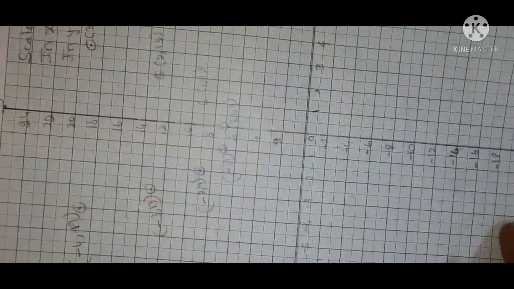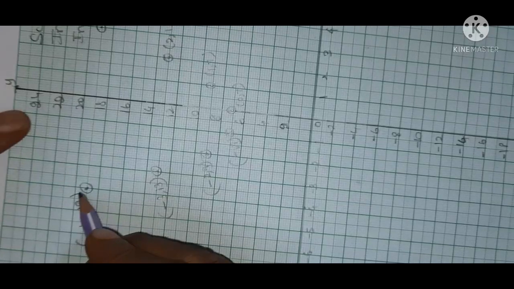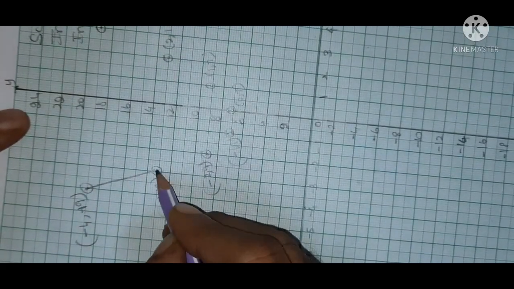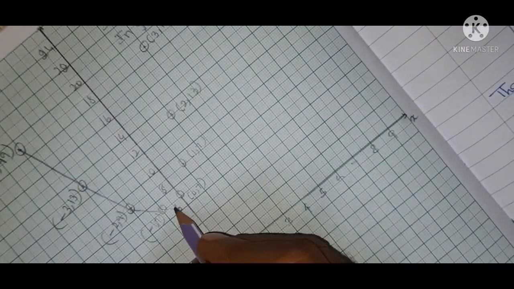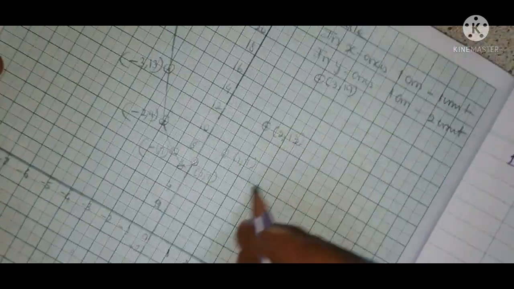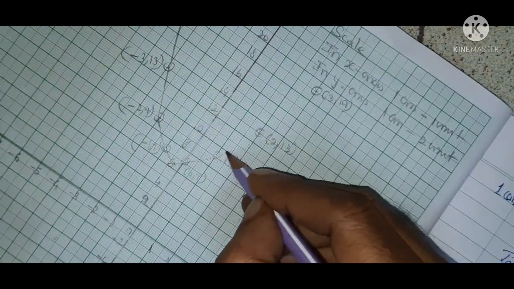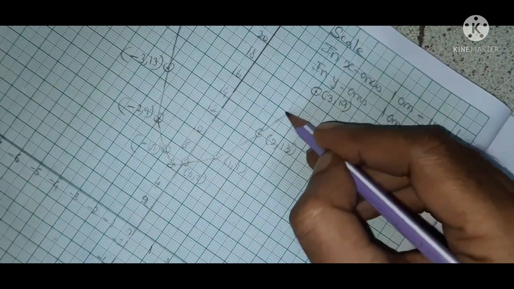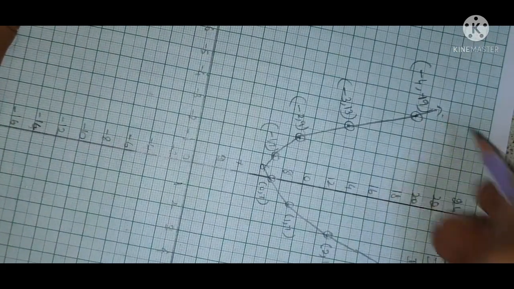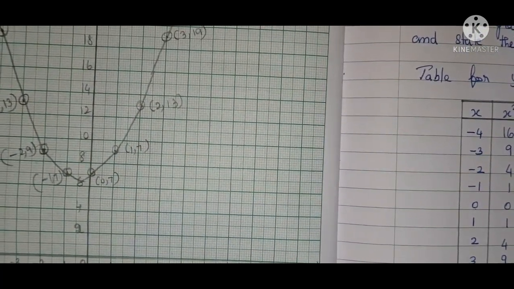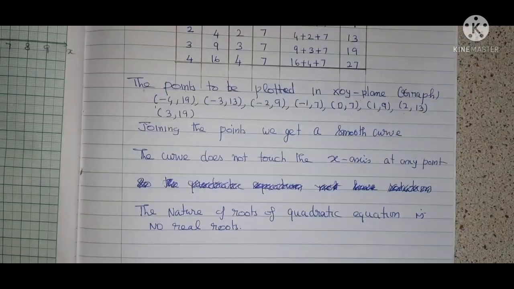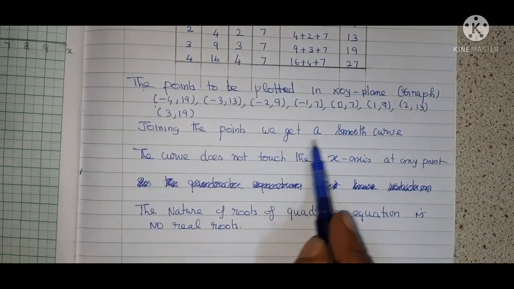Joining the points without using a scale, we get a smooth curve.